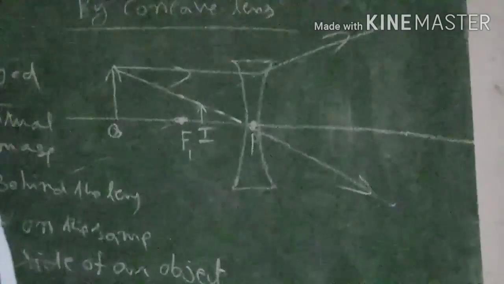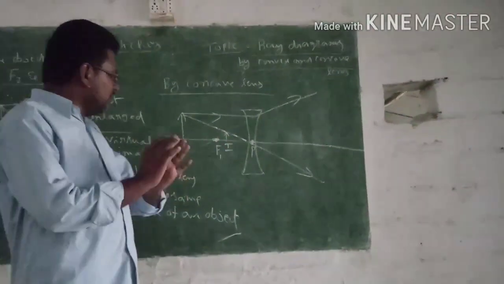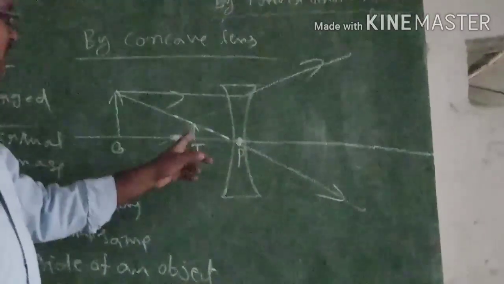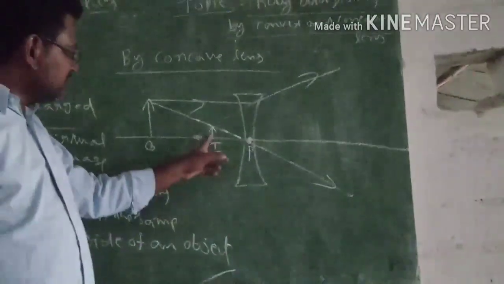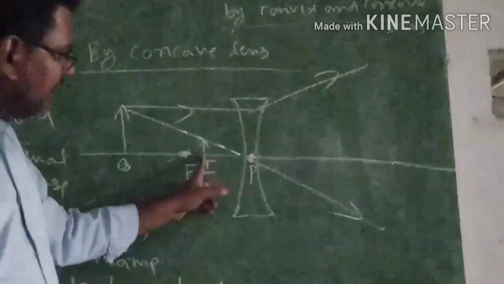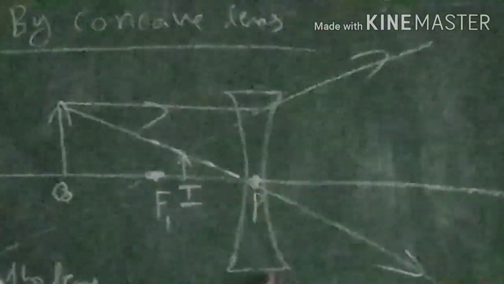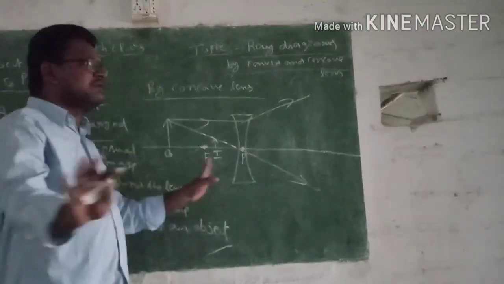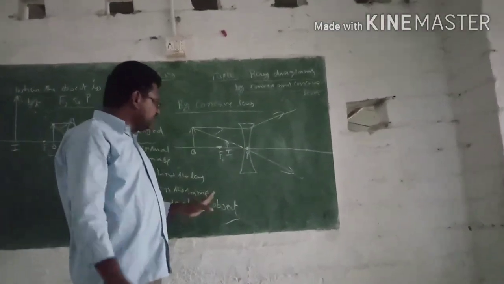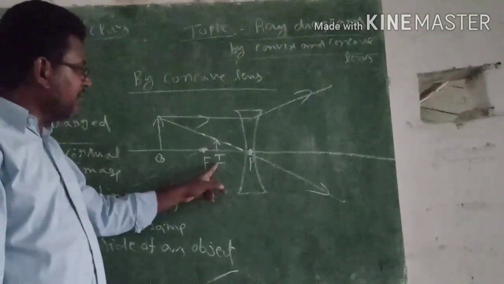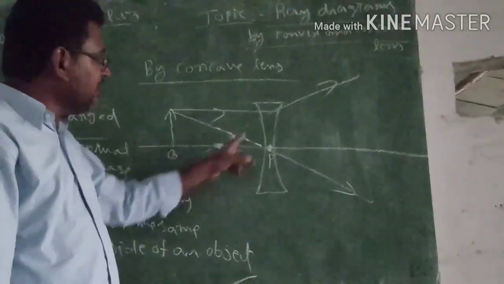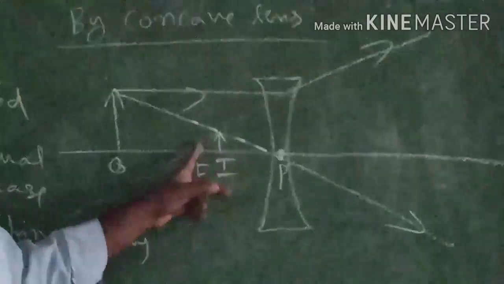Now see here, we are not using any screen to see the image. We can just see this image by looking through a concave lens. Here we are not taking any screen, and the image is formed not by actual light rays but by the extended refracted light rays.